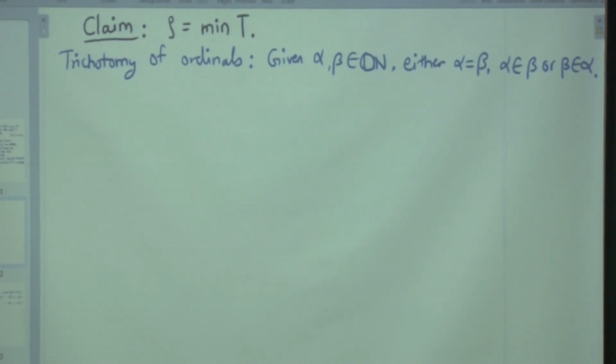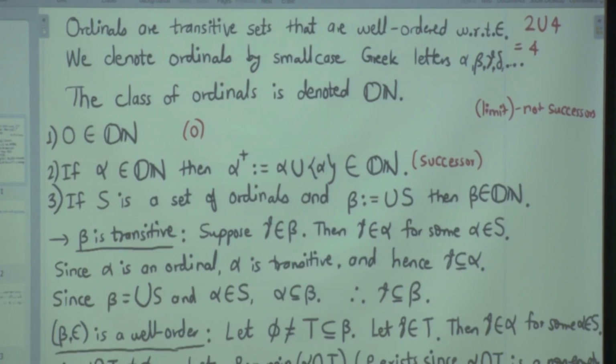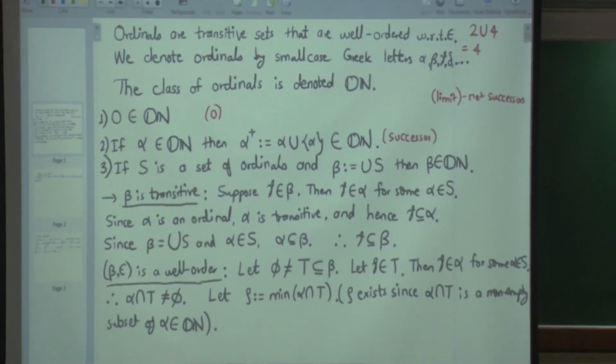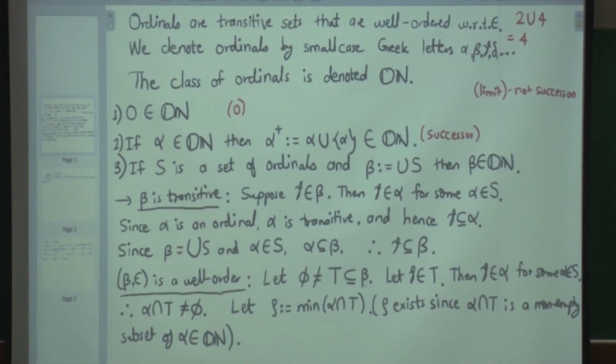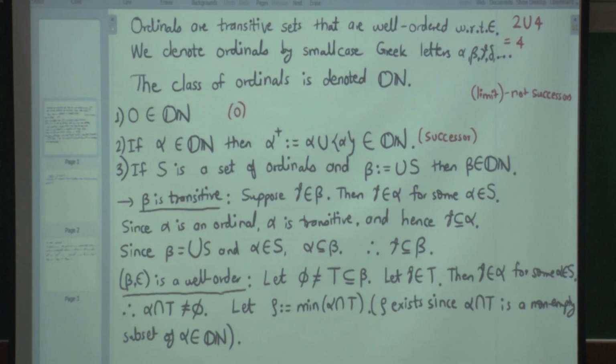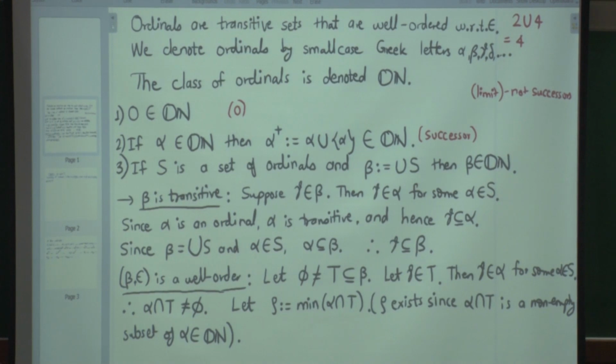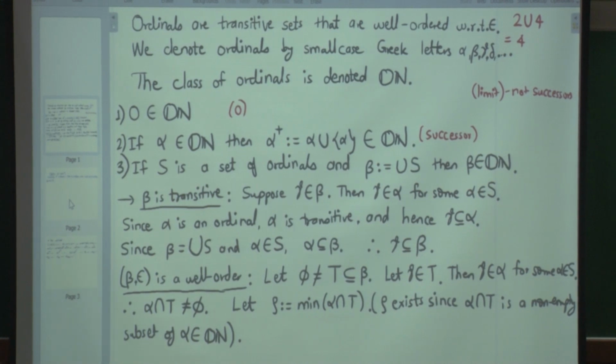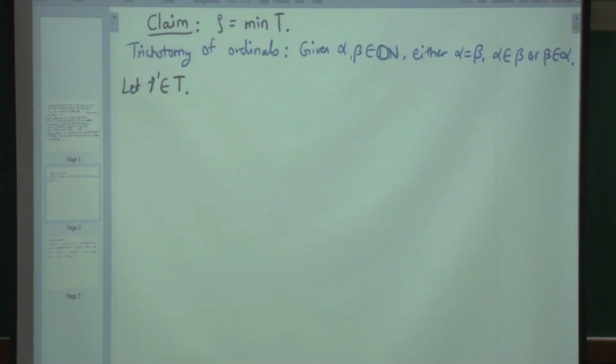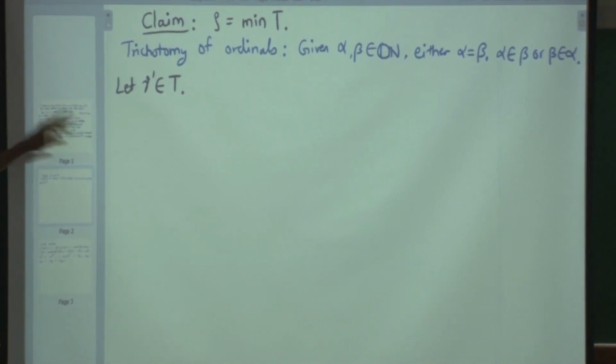So let gamma prime belong to T. Okay, so let me go back slightly and see. So T is a non-empty subset of beta. We want to argue that the minimum of T is the minimum of alpha intersection T, so rho. Now if I take an arbitrary element of T, then what should I show if I want to show that rho is the minimum? Rho is either equal to or less than, so less than or equal to an arbitrary gamma prime.